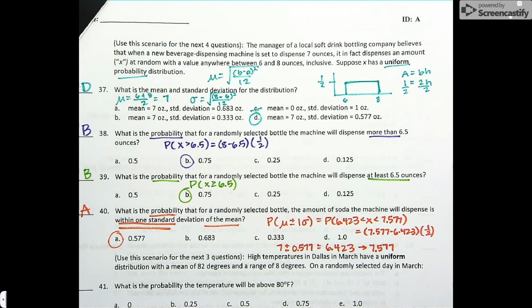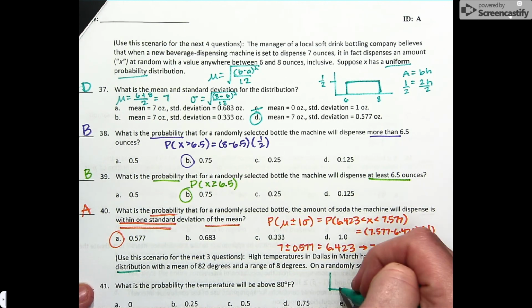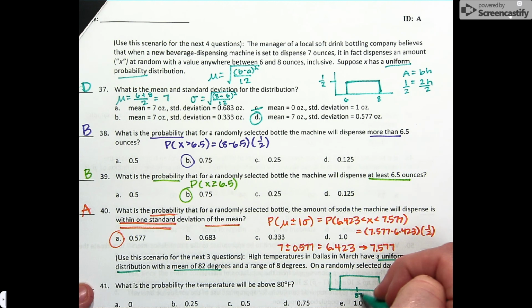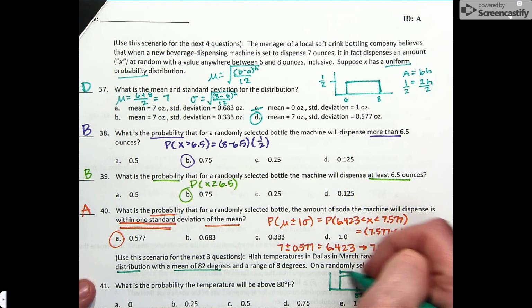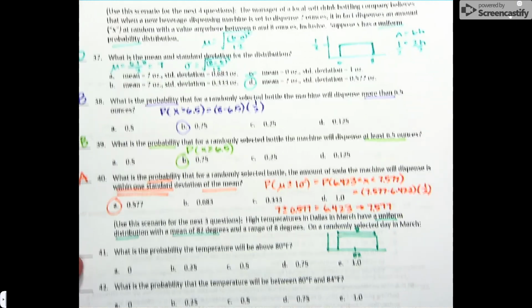So that's uniform. Looks like we have another uniform example, which we're going to use for the next 3 questions. High temperatures in Dallas in March have a uniform distribution. So that means I'm going to have my nice little rectangle here. This time they give me a mean of 82. Remember, the mean is right in the middle of a continuous distribution, and the range is 8. So the entire rectangle takes a distance of 8.